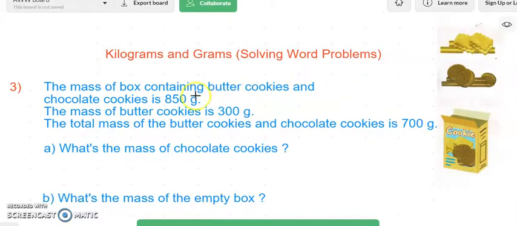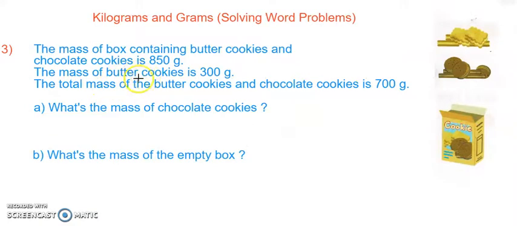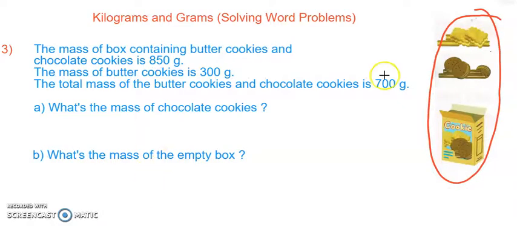According to the question, the mass of the box containing cookies, both butter and chocolate cookies, all together is 850. So all box and cookies are 850 grams.